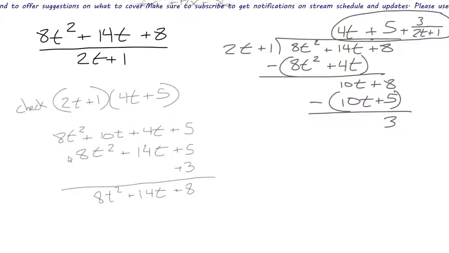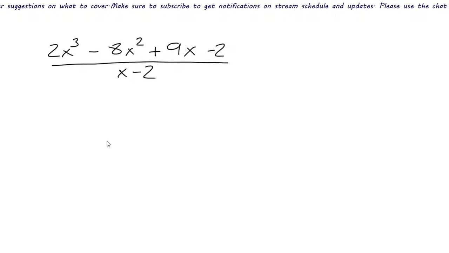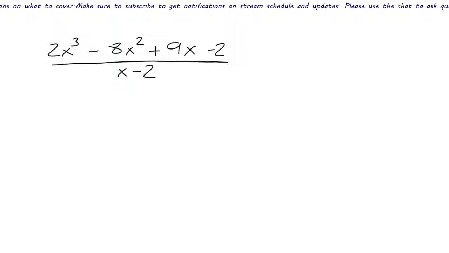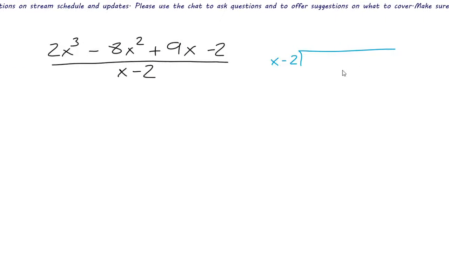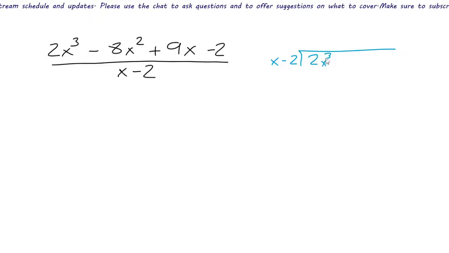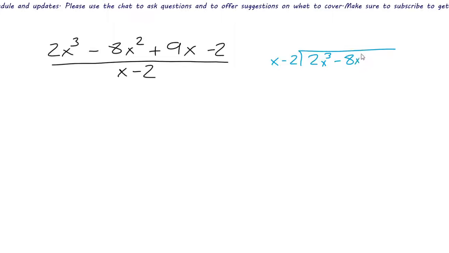All right, one more. So we got x minus 2, and we're using that to divide into 2x cubed minus 8x squared plus 9x minus 2.